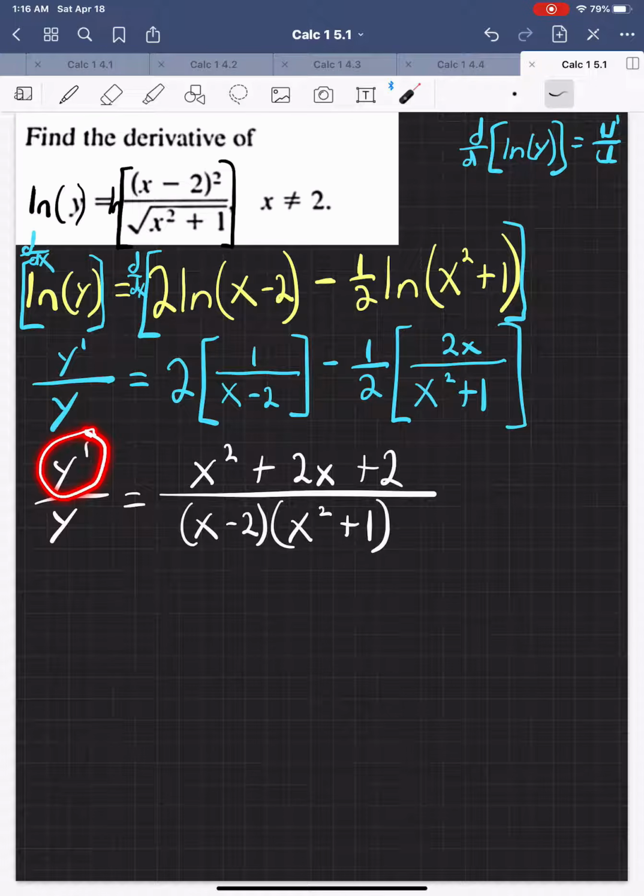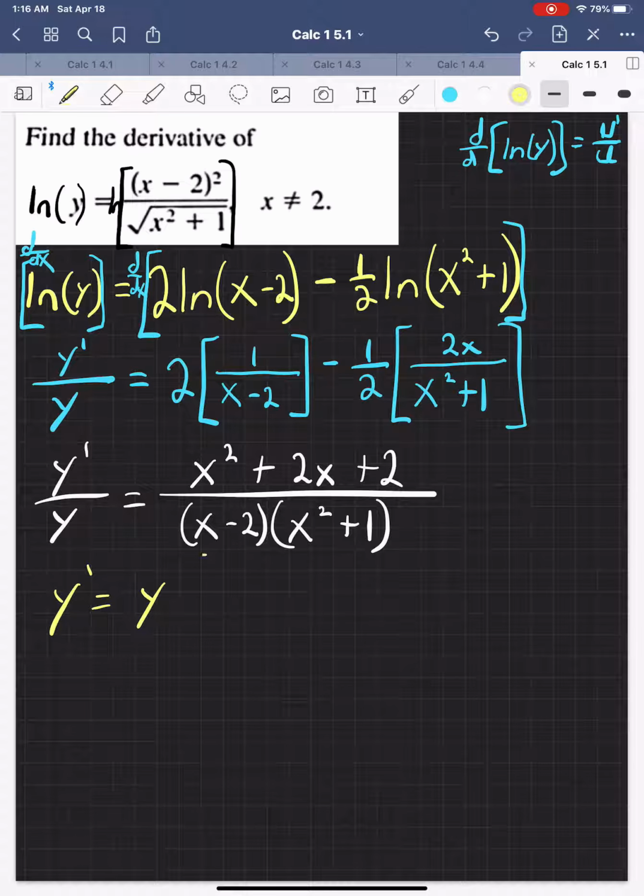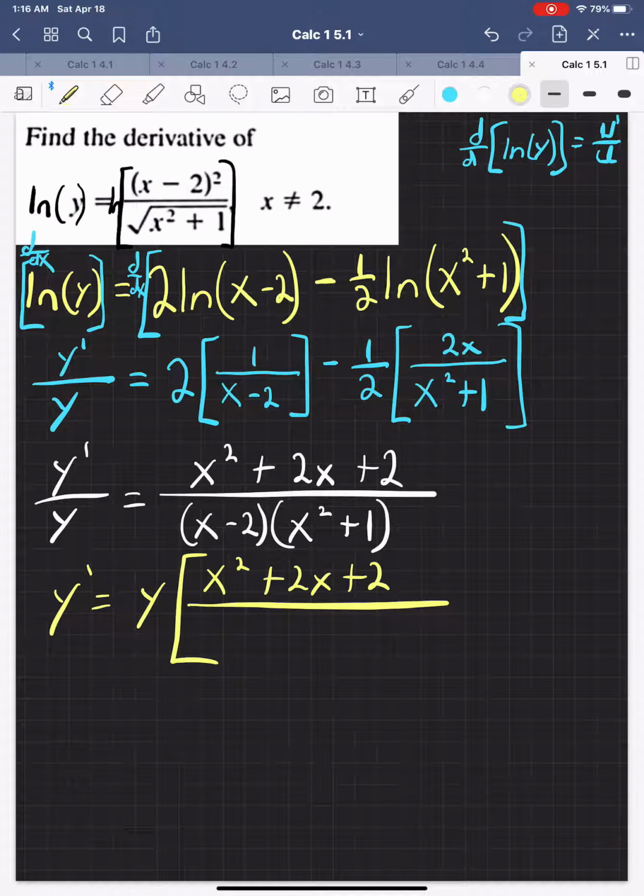Okay, then solve for the derivative. Get y prime by itself. So y prime is going to be equal to y times x squared plus 2x plus 2 over x minus 2 times x squared plus 1.